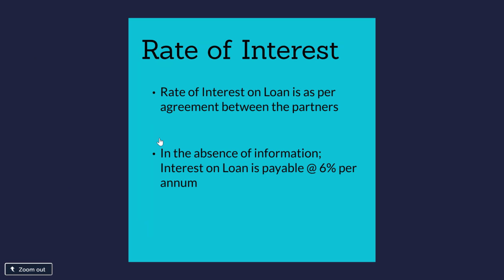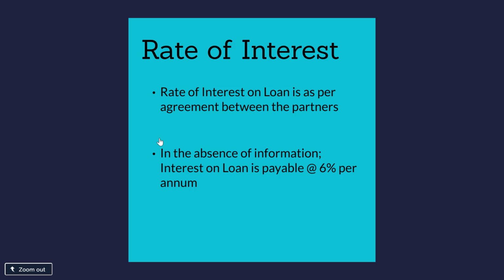Now let's understand what is the rate of interest at which the interest on loan will be paid by the firm to the partner. The rate of interest on the loan is as per the agreement between the partners. Whatever has been agreed between the partners, that will be the rate of interest which is payable on the loan.